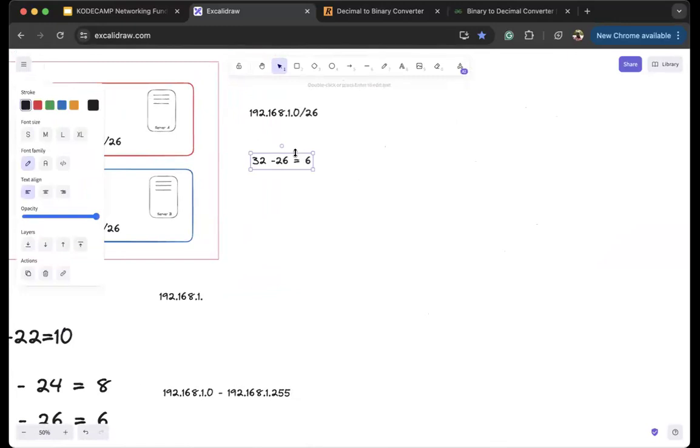Using 2 raised to the power of 32 minus 26 would give us 2 raised to the power of 6. 2 raised to the power of 6, that is 64.